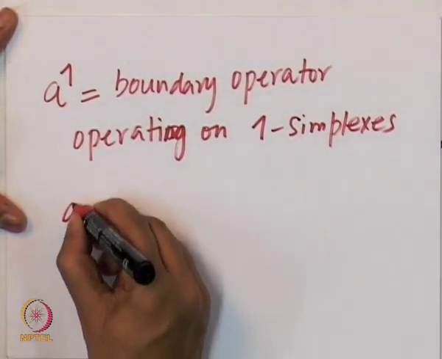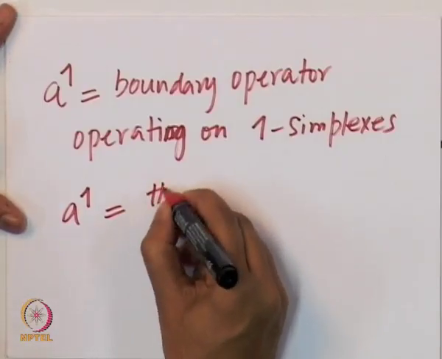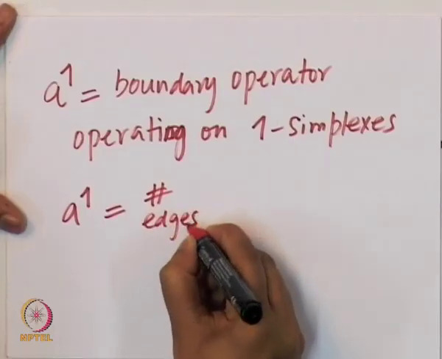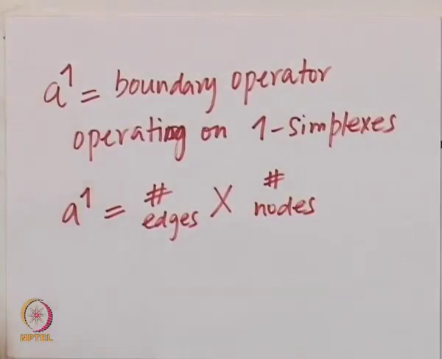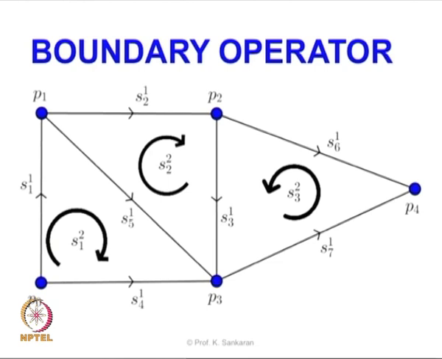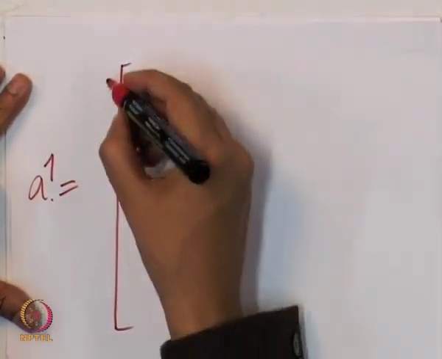What we are getting is that A1 will be a matrix that has number of edges times number of nodes. I am going to compute the A1 matrix for this example right now so that you can get a physical sense of how we compute it.